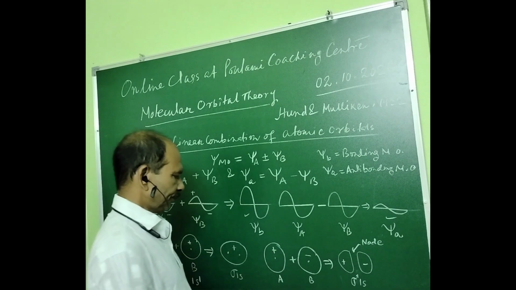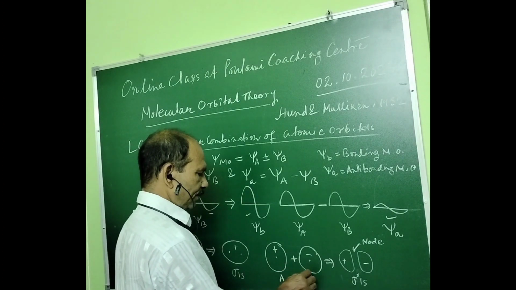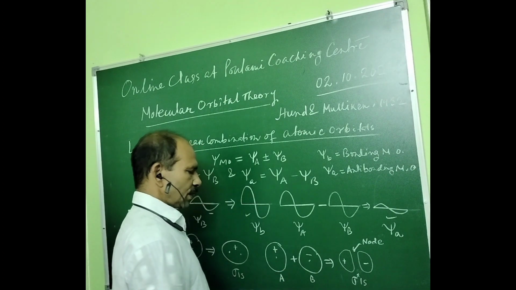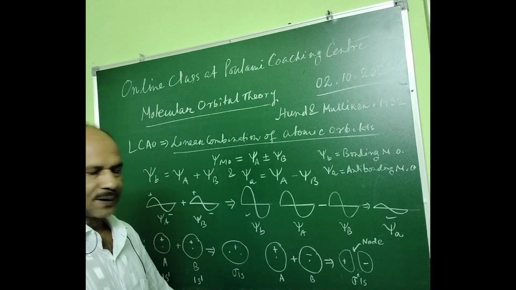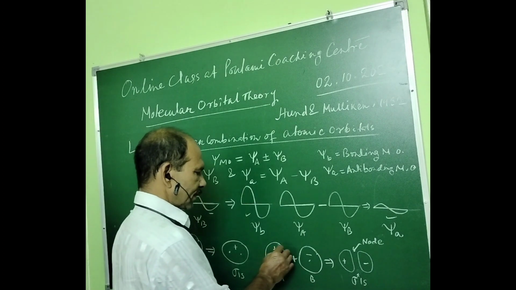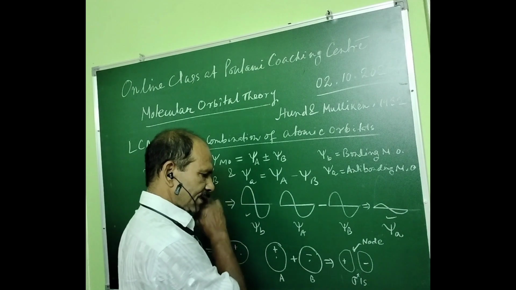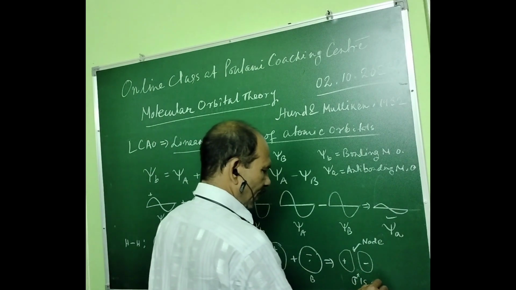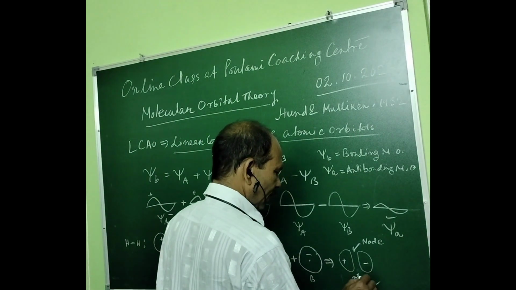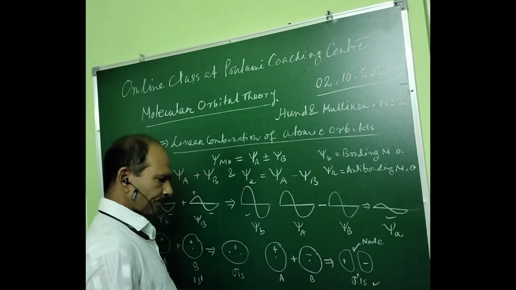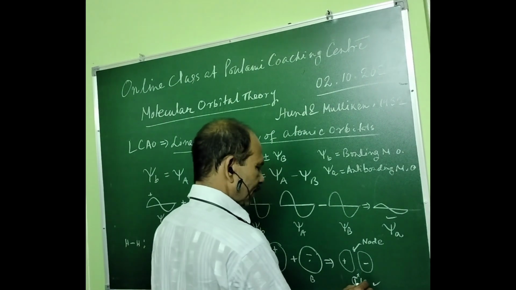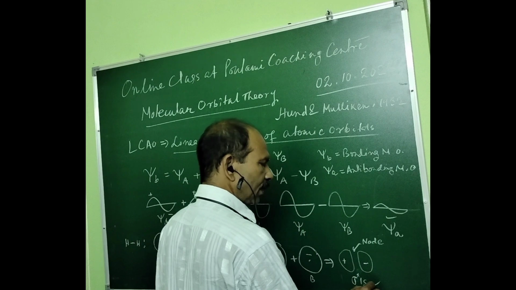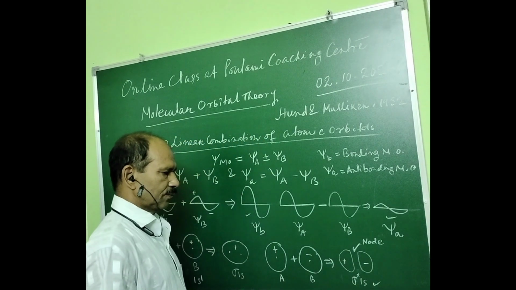When A and B have opposite symmetry, this is plus but this is minus, we get the picture like this. This is sigma star 1s, the antibonding molecular orbital of hydrogen.